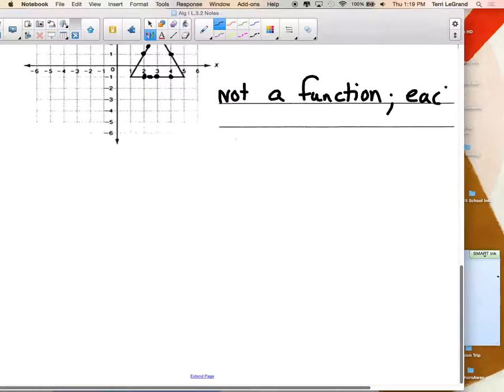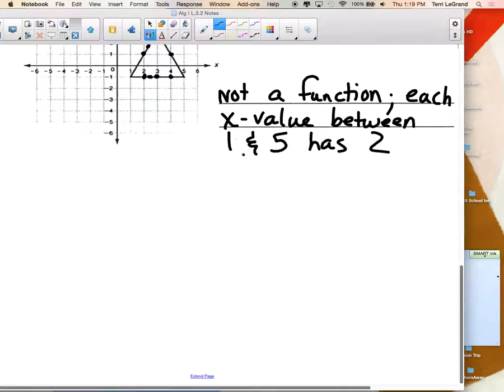Each x value between 1 and 5 has 2 different y values. Take your pick. Any of those are culprits for breaking the function rule.